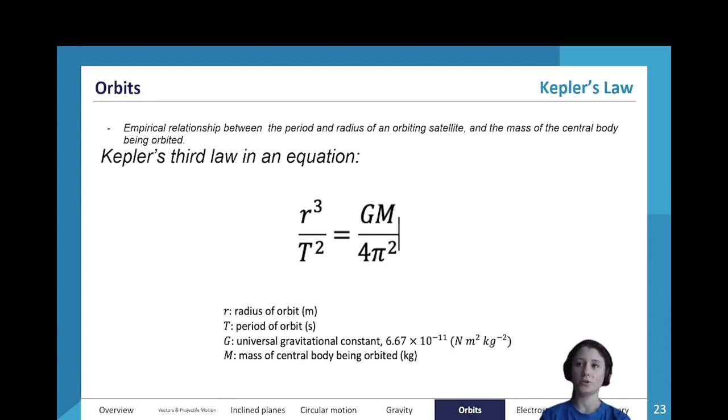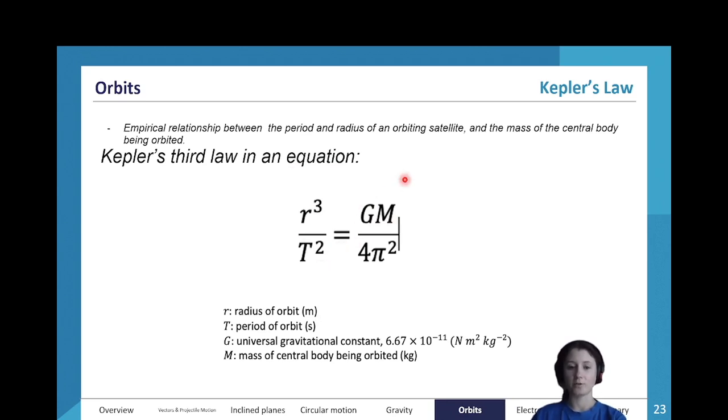This equation allows us to determine the relationship between the radius of orbit, r, and the period of the orbit. Remember, period is how long it takes for one orbit. G is the gravitational constant in your formula book, and M is the mass of the body being orbited. So in our last example, it would be the mass of the sun. It's not the mass of the planet doing the orbiting, it's the mass of the planet being orbited. And it allows us to find the relationship between them.